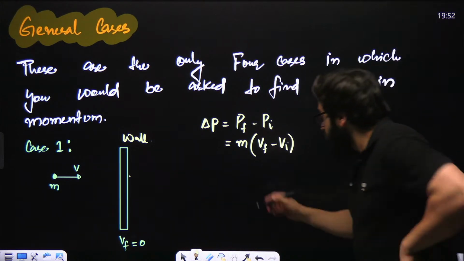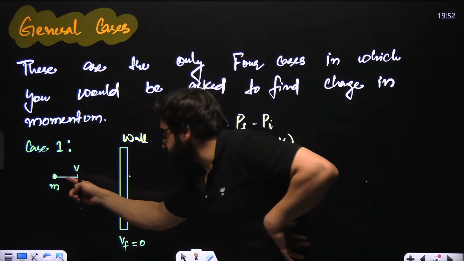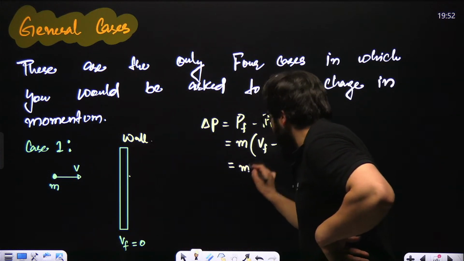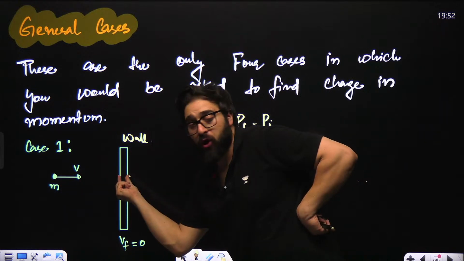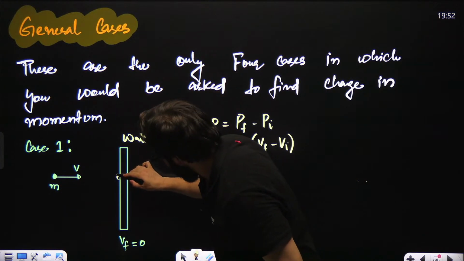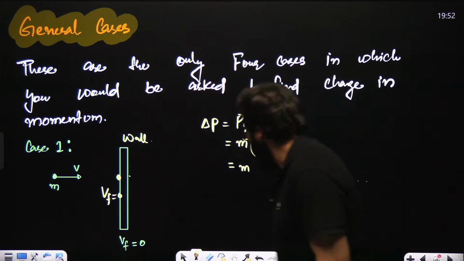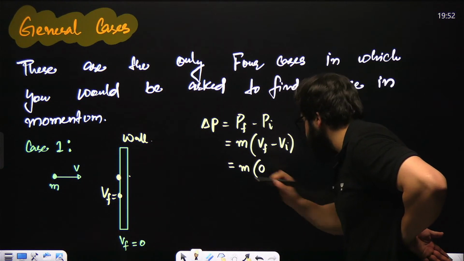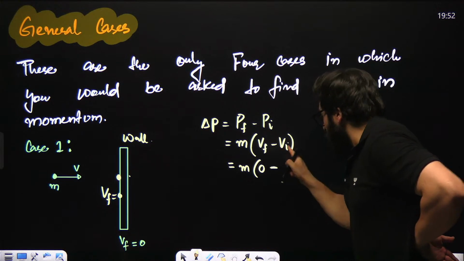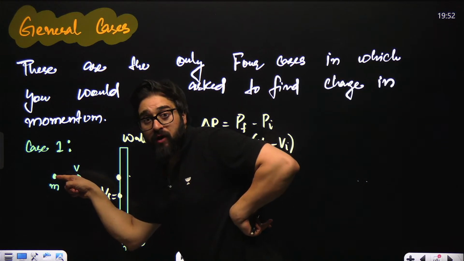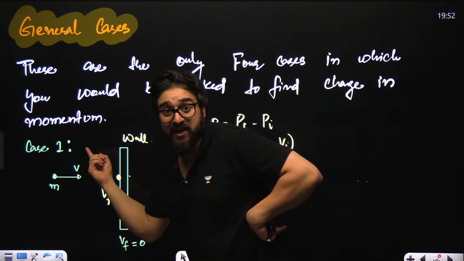Now tell me, sir, here, what is the mass? Mass is m. And what is the final velocity of the ball? Sir, it will stick over here. It will not reflect back. So v final in this case is 0. Minus, what is the initial velocity of the ball with which it is moving? That is velocity v.